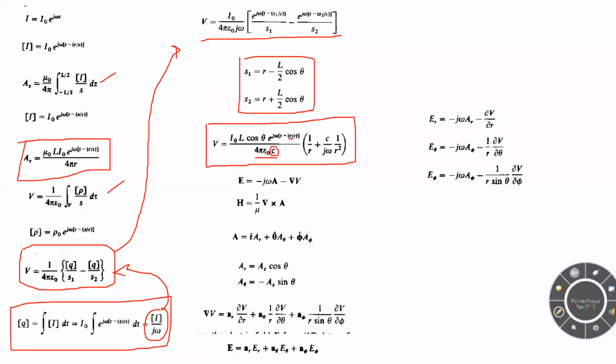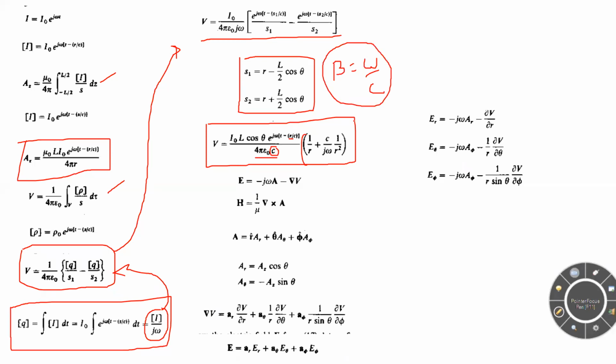Mu is the permeability and epsilon is the permittivity. Mu naught is the free space permeability, and epsilon naught is the free space permittivity. We obtain this as into 1 by r plus c divided by j omega r square. In some cases, beta is replaced with omega by c to simplify the equation.